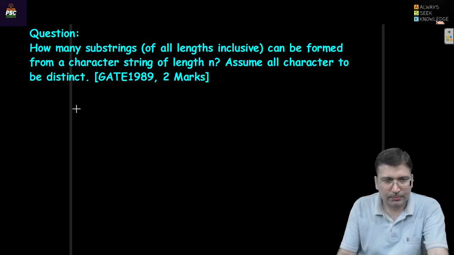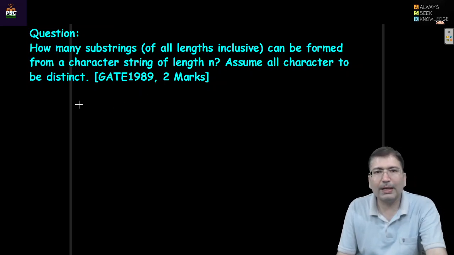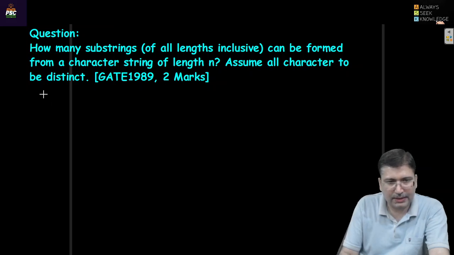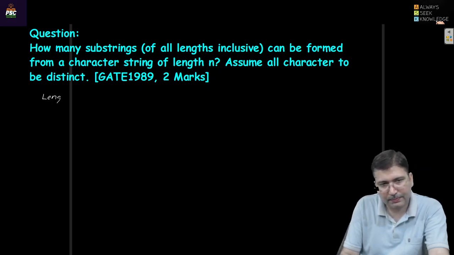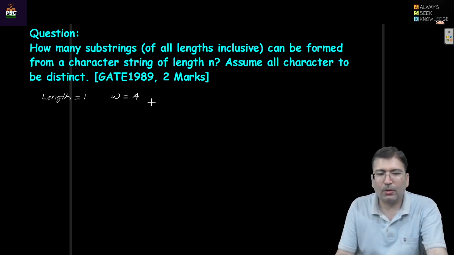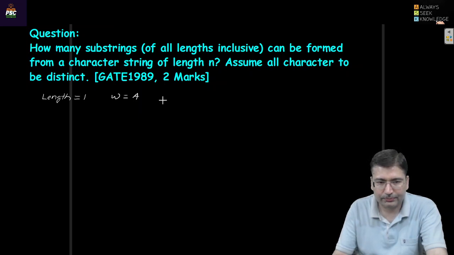Let's assume there is a string of length 1. Let's say the string w is equal to a. How many substrings can we have? We can have 0 length, that is epsilon, and we can have 1 length.